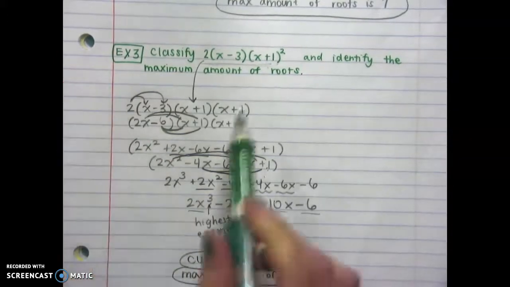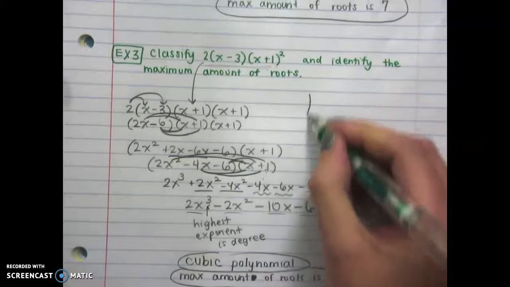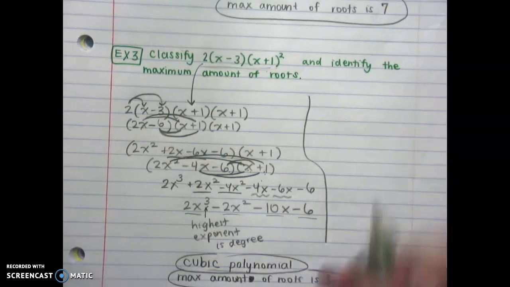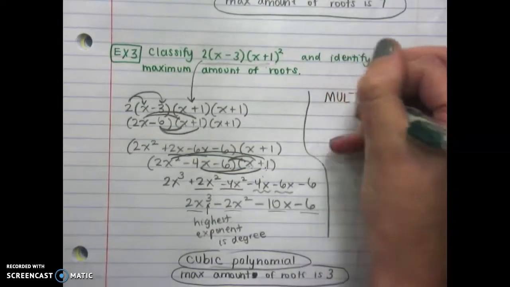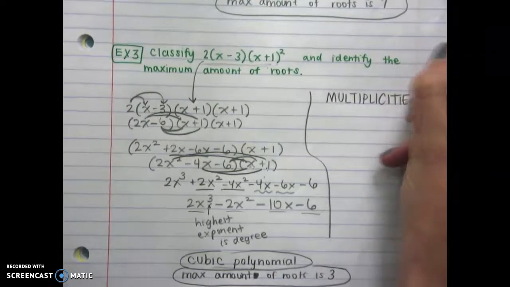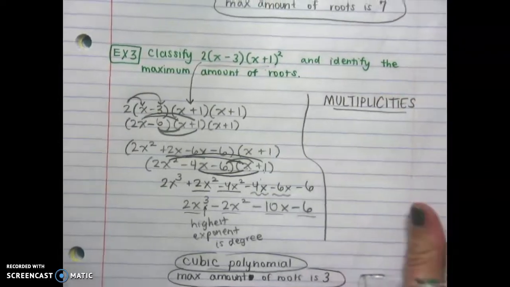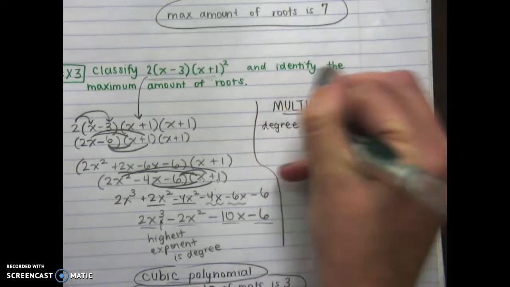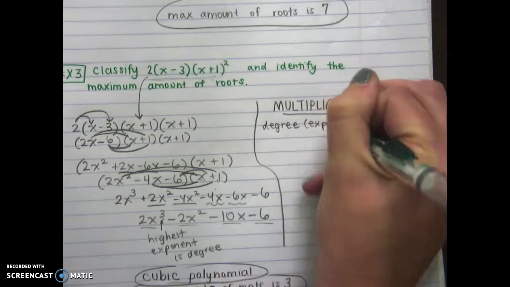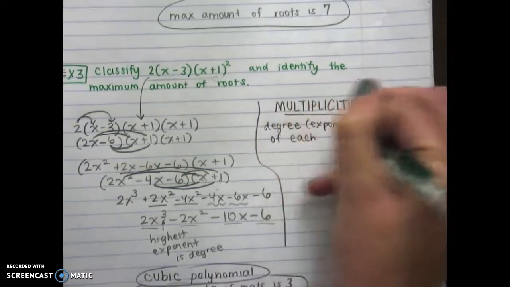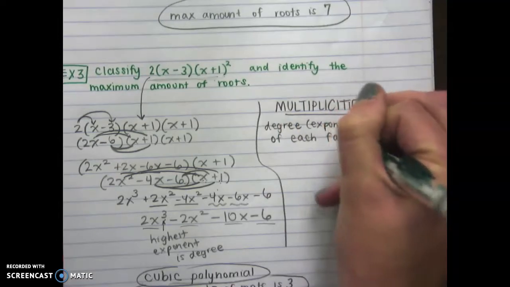Now, because this is in factored form, instead of converting to standard form, there is a quicker way to classify the polynomial, and that's by looking at the multiplicities. This is probably new for us. Multiplicities. The multiplicities are just the degree, or the exponent, of each factor.